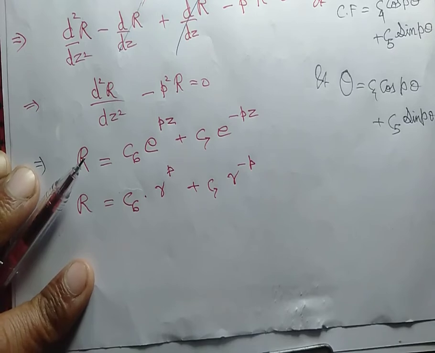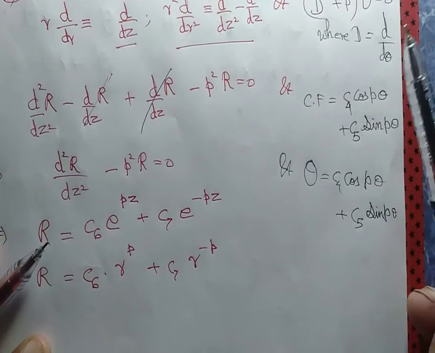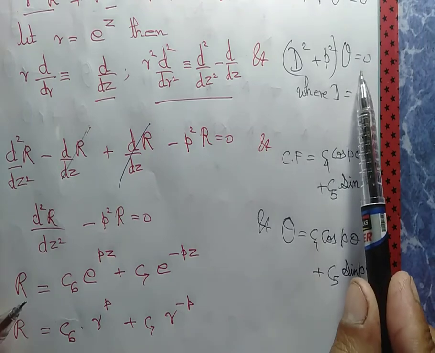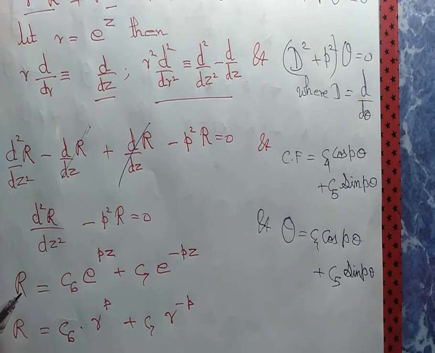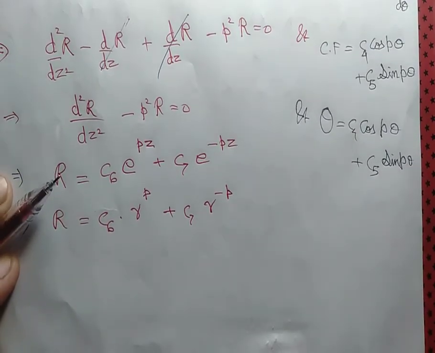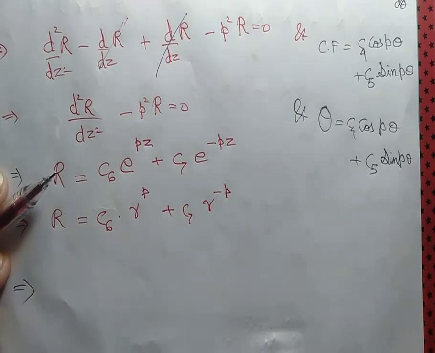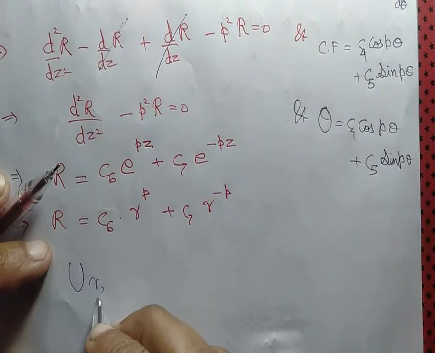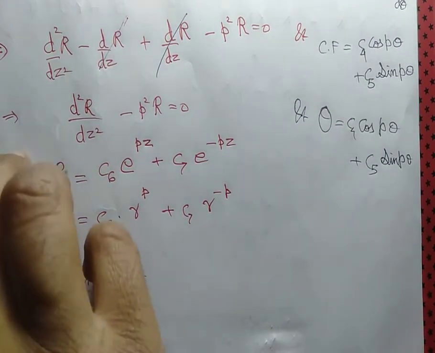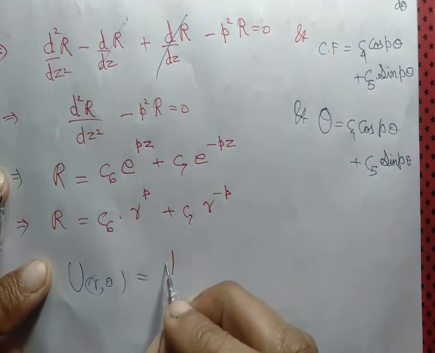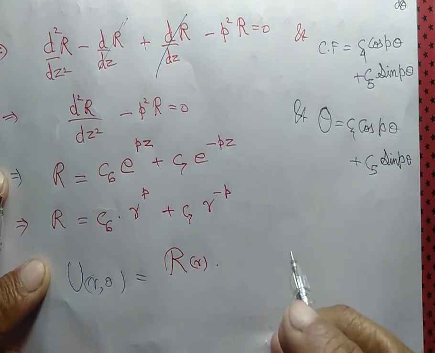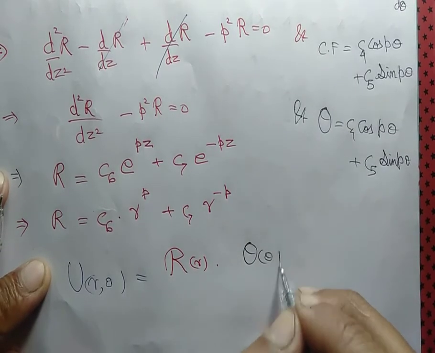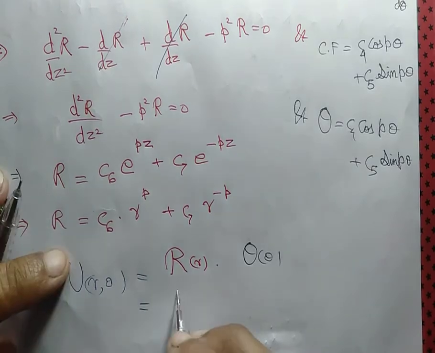As your right hand side is 0, you don't have to compute particular integral. The same is true here. And so we can write u of r comma theta as r, that's a function of r, into theta, that's a function of theta.